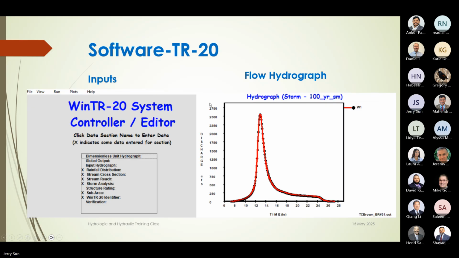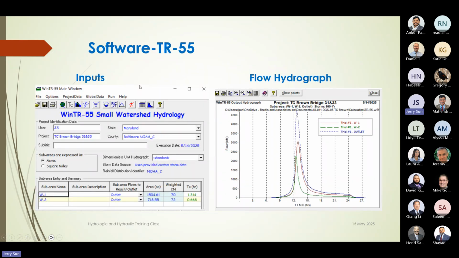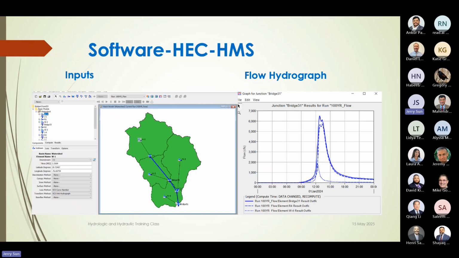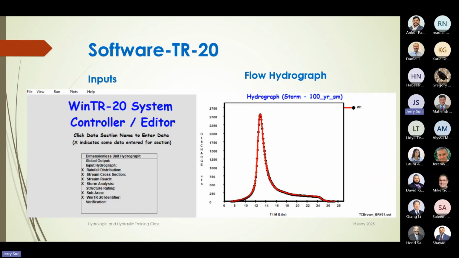TR20 is now popular for Maryland. Of course, now HEC-HMS, as you know, for the US, if you do hydrologic calculations and watershed studies, HEC-HMS is so far the best software we can use. TR20 is just for Maryland.